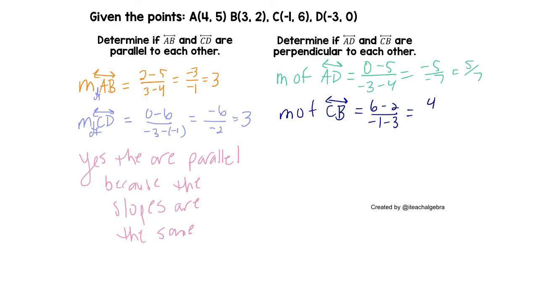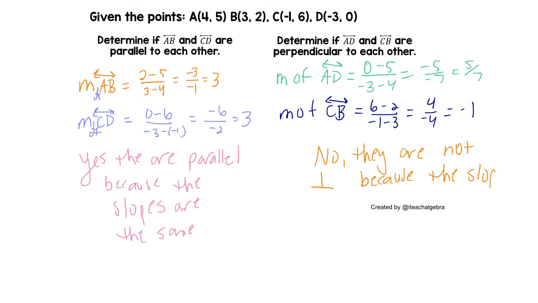That is 4 over negative 4, or negative 1. So our answer is no, they are not. Shorthand for perpendicular is an upside down T, because the slopes are not negative reciprocals.